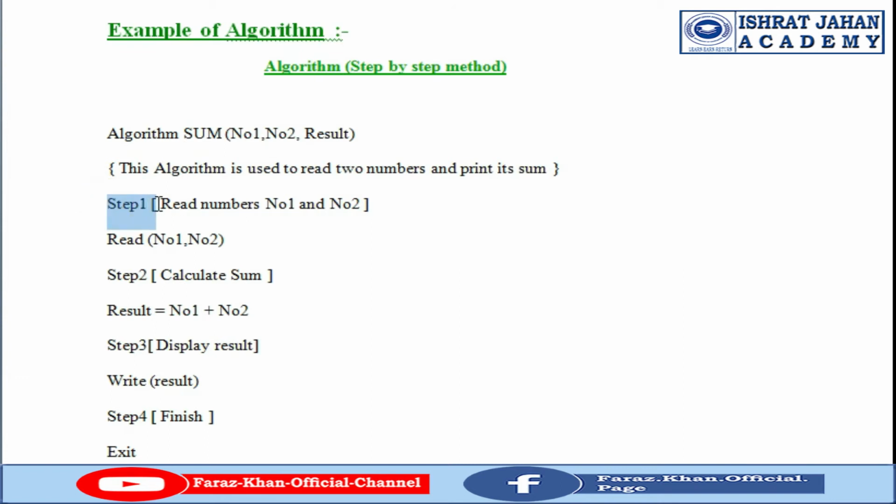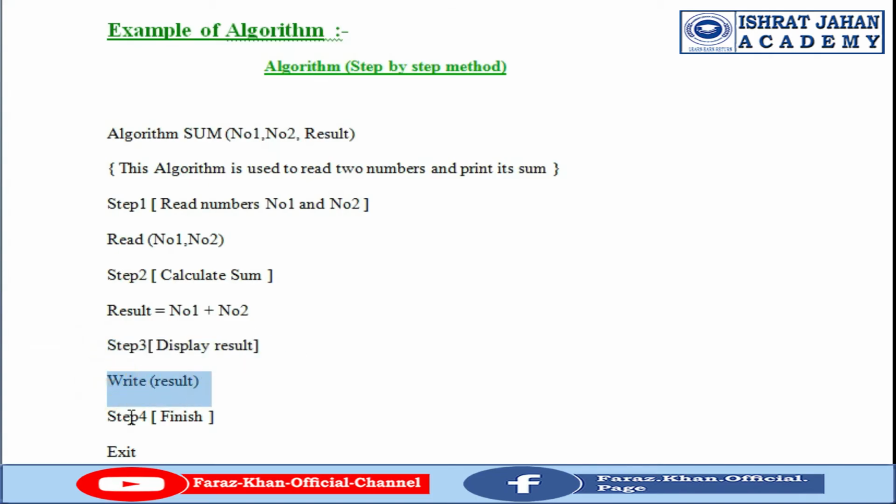Step 1, read number 1 and number 2. Here is the algorithm, read (number 1, number 2), which should be written in parentheses. Step number 2, calculate sum. Result is equal to number 1 plus number 2. Step number 3, display result.